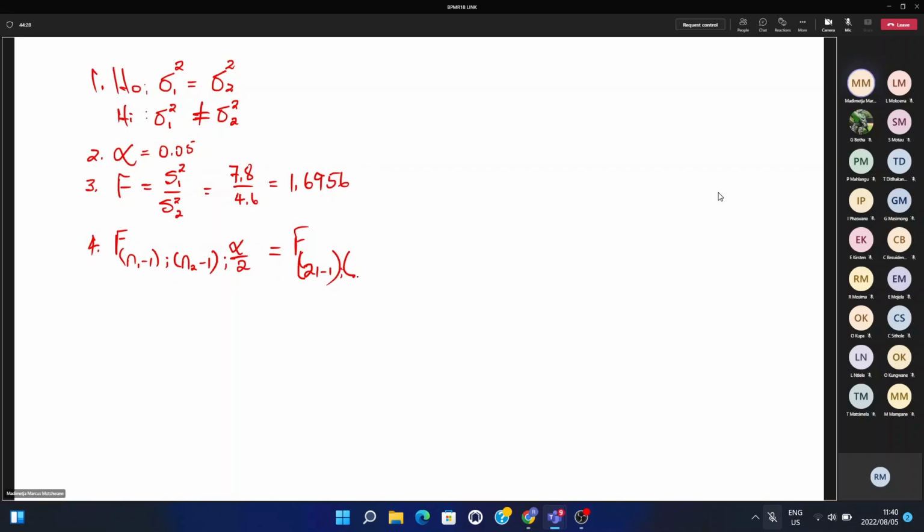Semicolon here. And N2 is 26 minus 1. Then alpha is 0.05 over 2. So this becomes F of 20 and 25 and alpha of 0.05 divided by 2 should be 0.025.